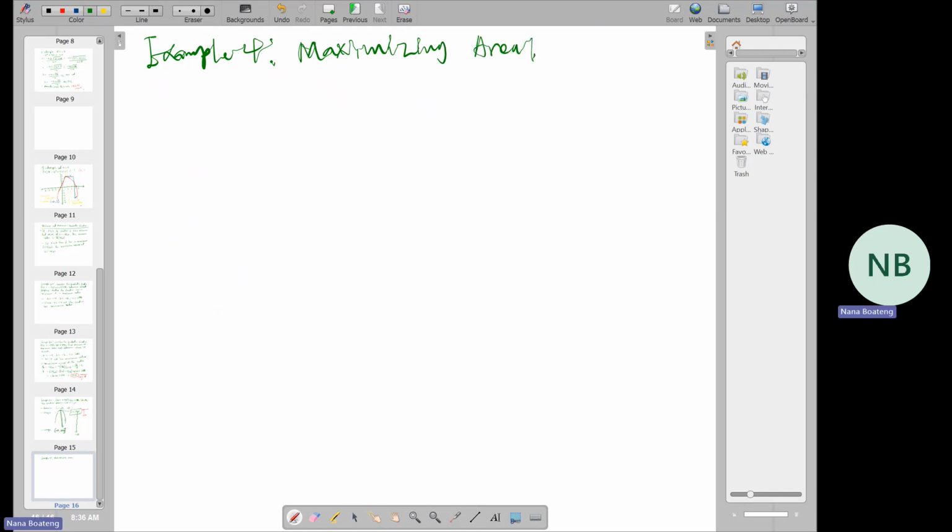It says, you have 120 feet of fencing to enclose a rectangular region.